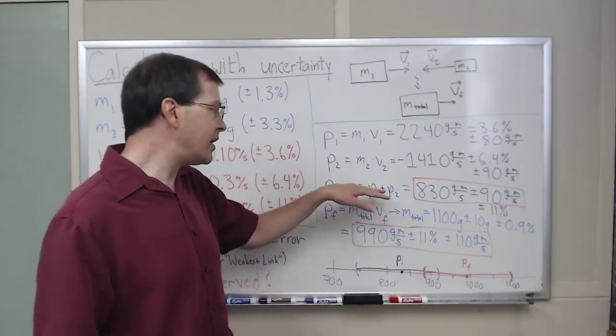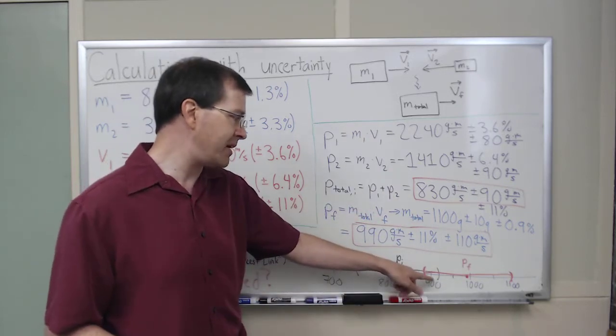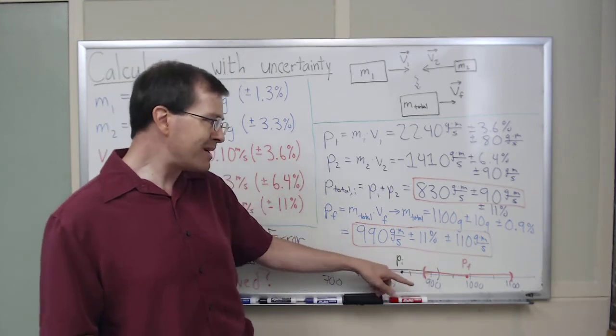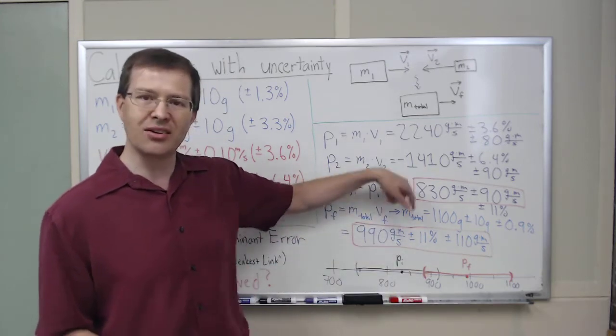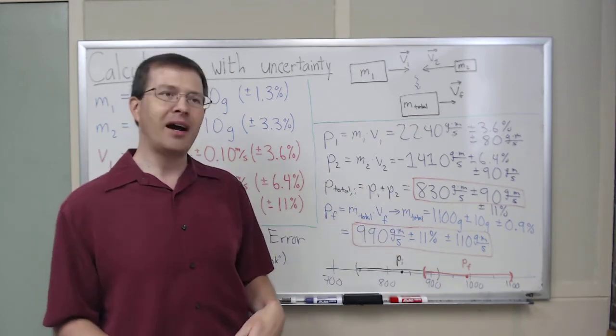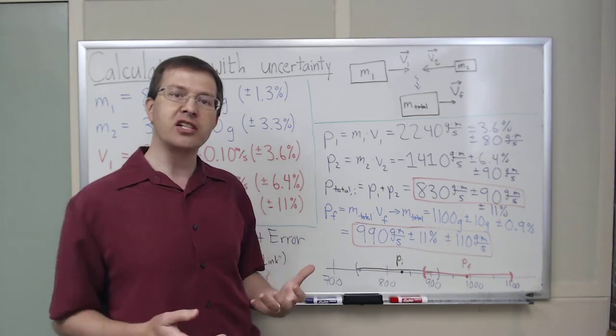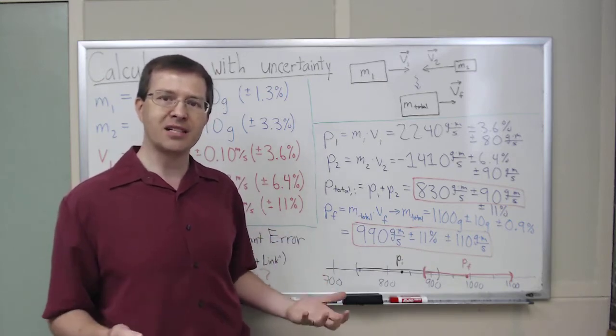If the true initial momentum had been 900 and the true final momentum had been 900, that would be consistent with both of these stated uncertainties. So there is room for momentum conservation to be verified by this experiment.